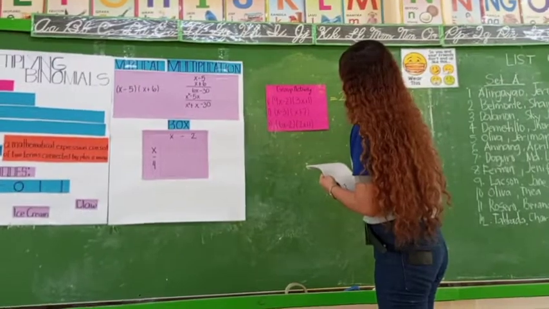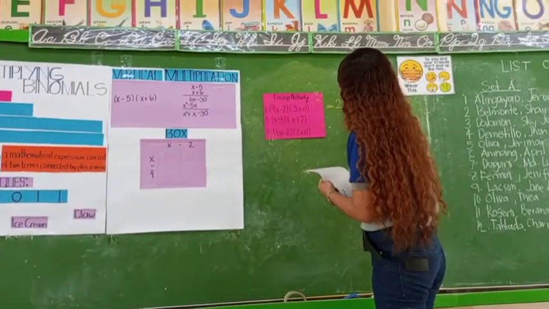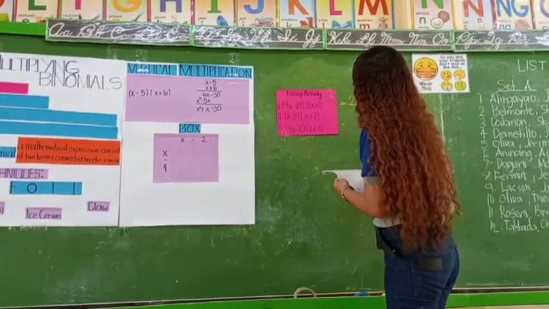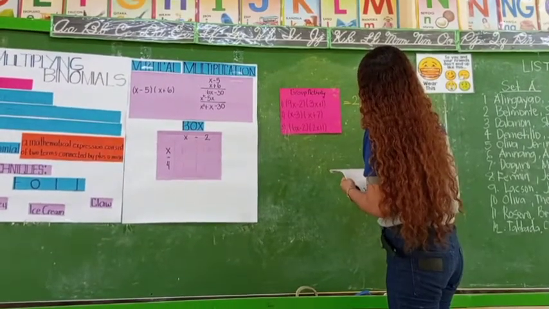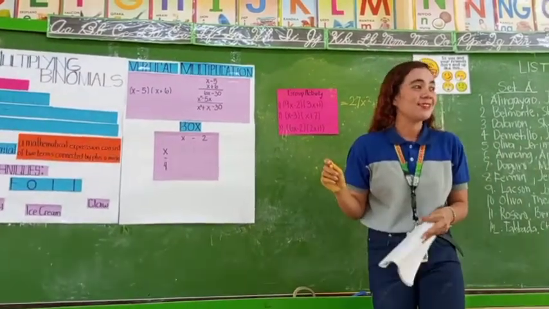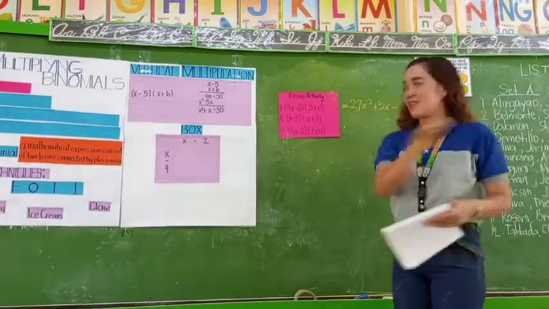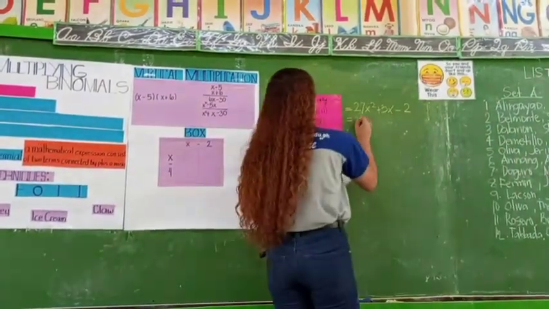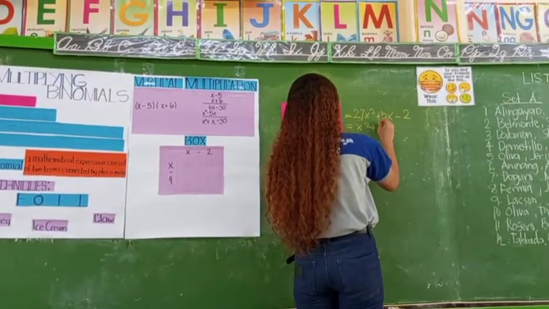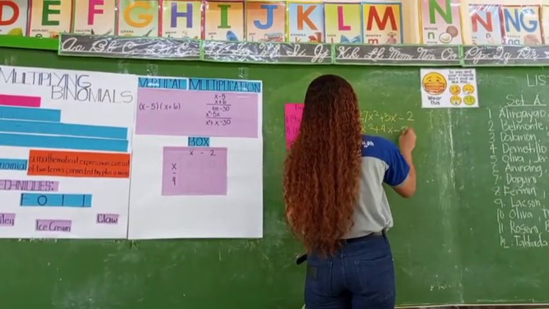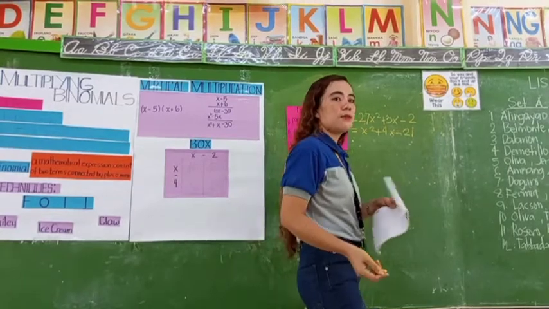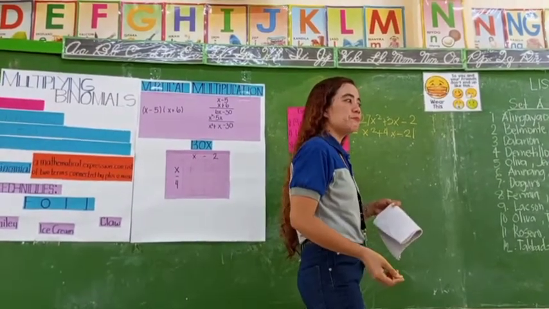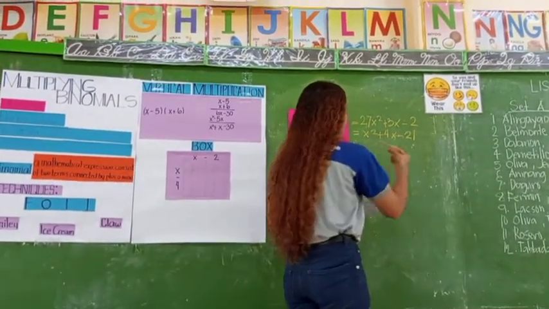The correct answer for number 1 is 27x squared plus 3x minus 2. Is everything correct? They say they're correct. Okay, number 2. We have x squared plus 4x minus 21. Is that right?